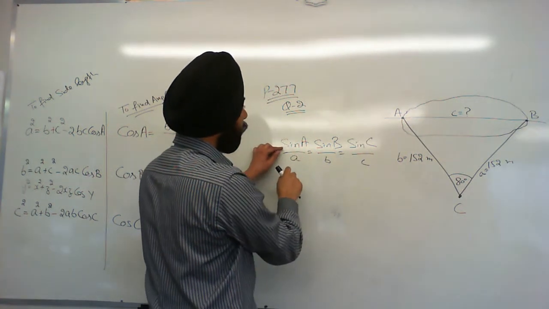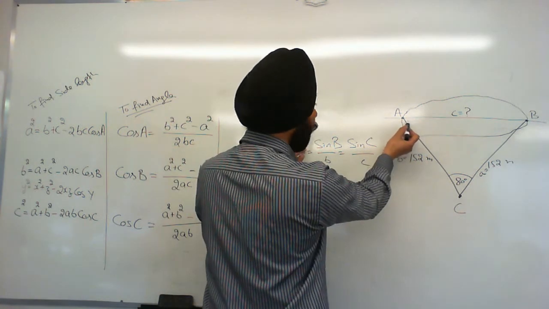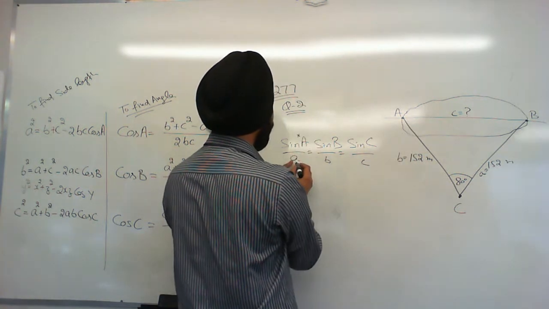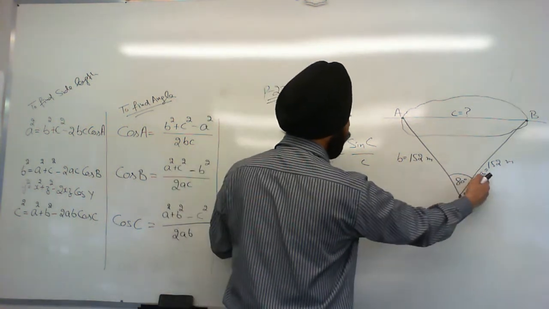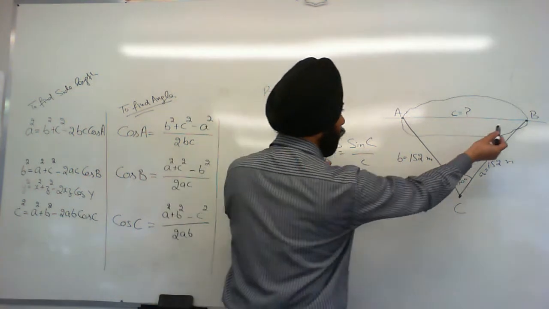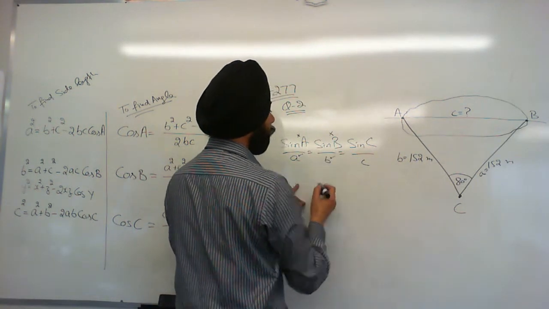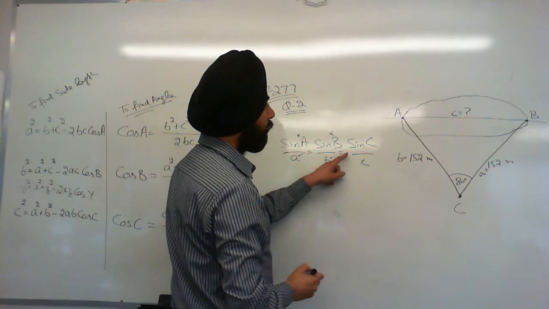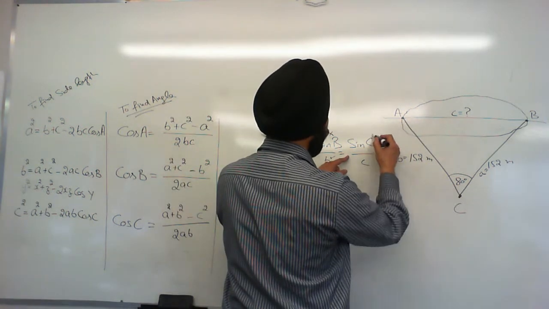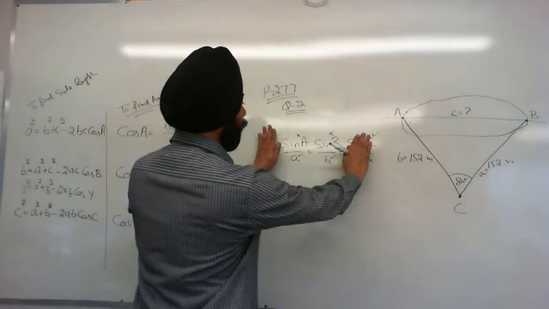If you go with this, do you know angle A? No, you can't. You have this thing unknown, but side length a is known. Angle B is unknown, but you know the side length b. And angle C is known, but you don't know this side length. So let us say you want to use this part.